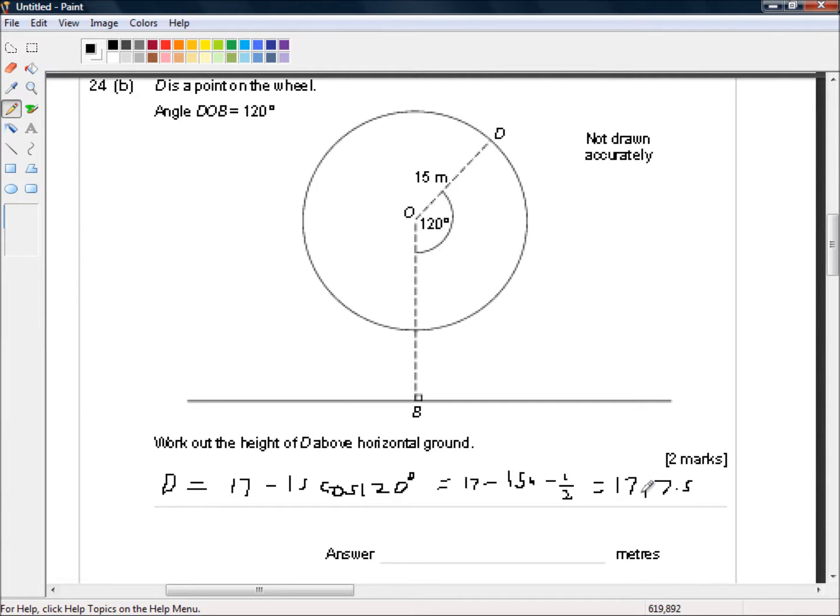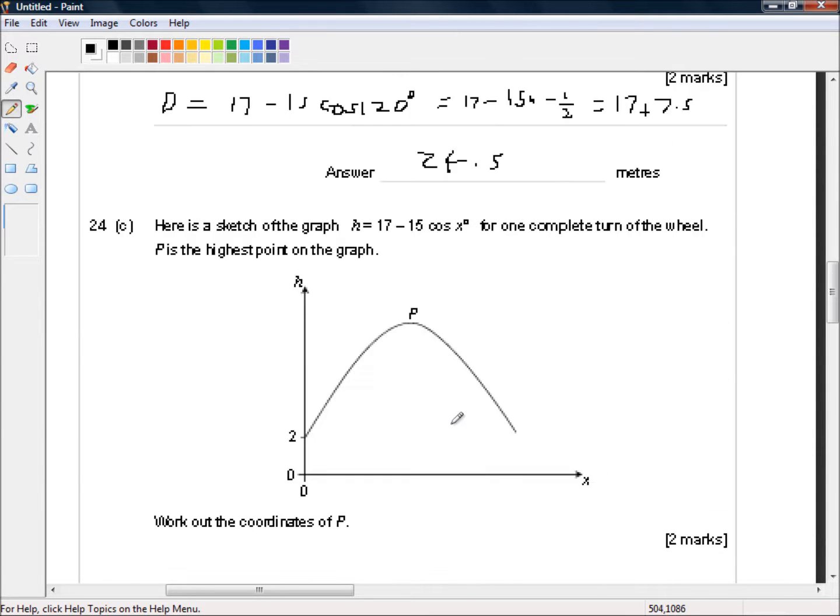So 17 plus 7.5. 17 plus 7 is 24, plus 0.5, 24.5. Again, if you're going to use a scientific calculator, I can't stress enough, make sure it is set to degrees.